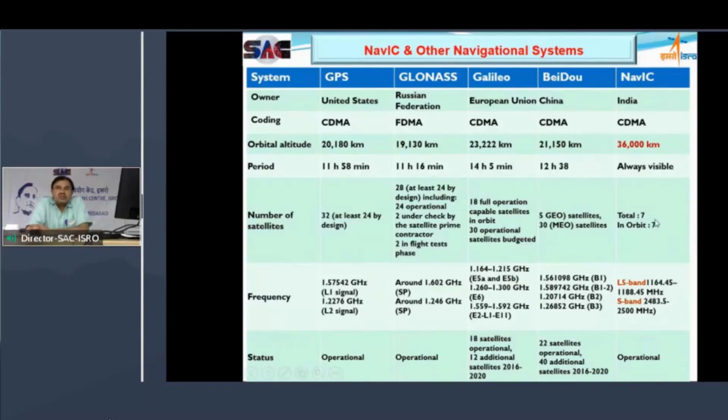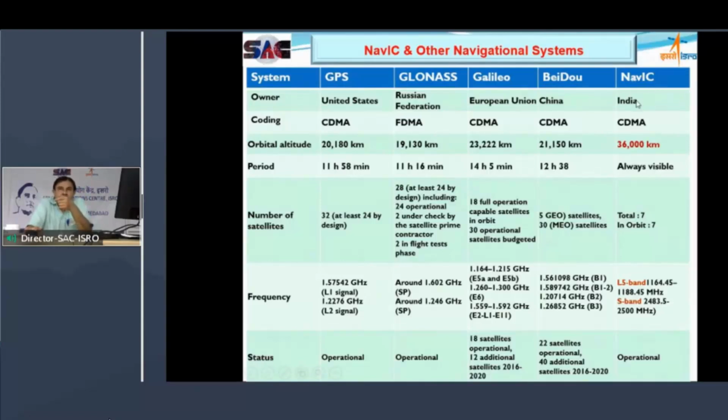GPS is very famous. For the last 45, 48 years it has been working, and it is under the control of the United States. GLONASS is from Russia. The European Union has made a consortium, and it is called the Galileo system, and China has its own Beidou or Compass system. So we are competing with these 4 major players, and we have our own NavIC system.